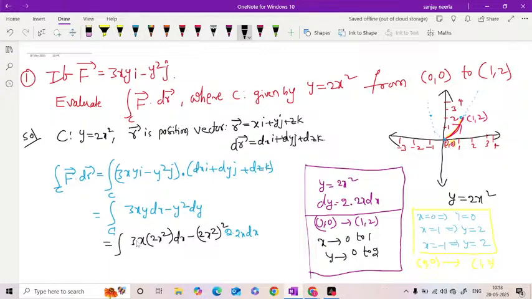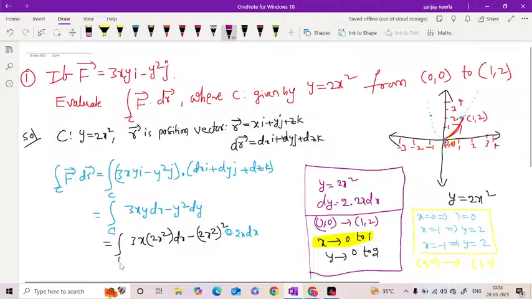Already we are transforming into only x, so now we will take only the x limits, 0 to 1. Suppose if you take the result in terms of y, you have to rewrite the limits and take them from 0 to 2 only.